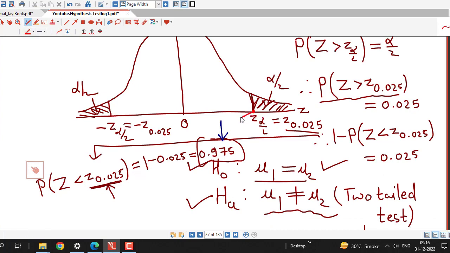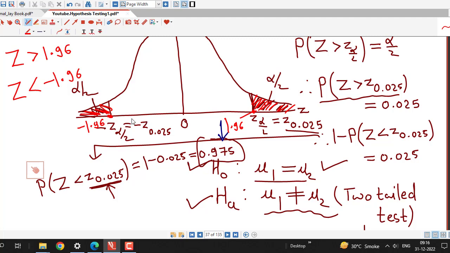So using this table, we are able to decide these critical values. This point is now 1.96 and this point is minus 1.96, and these two regions are the rejection regions. So we will calculate the value of the z statistic, and if it is greater than 1.96 or less than minus 1.96, that is, to the right of this value or to the left of this value, then we will reject the null hypothesis.